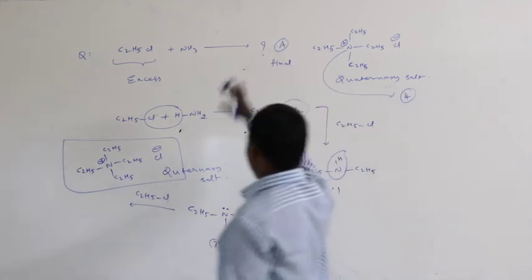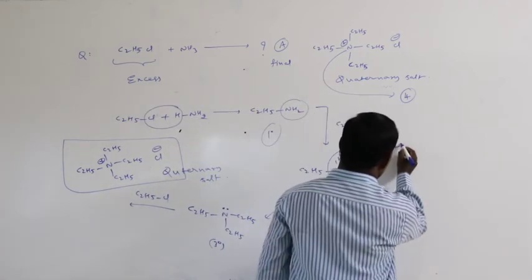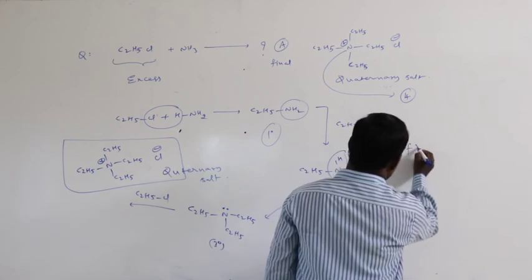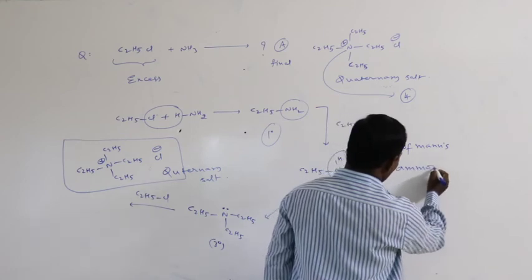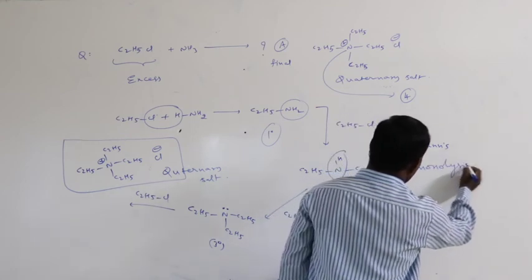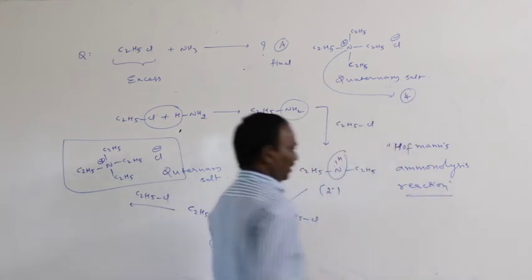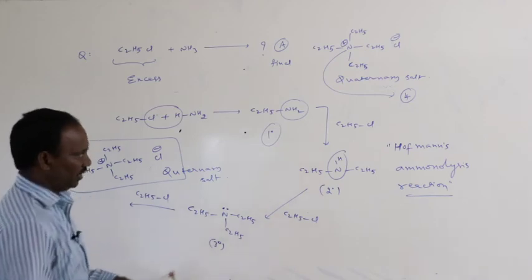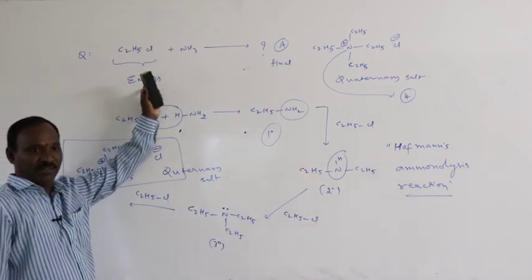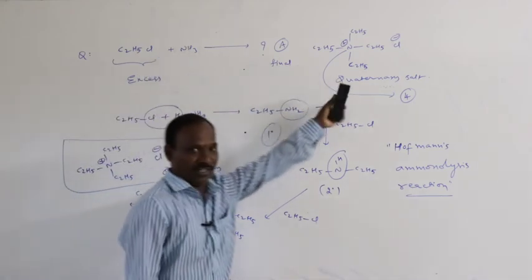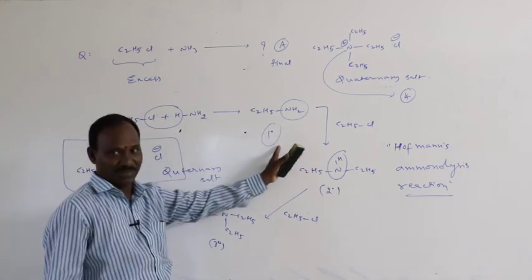The overall reaction is called Hoffmann's ammonolysis reaction. Okay, you must remember, if excess ethyl chloride is taken, the final product is a quaternary salt. If you take ammonia in excess quantity, it is up to primary amine only.